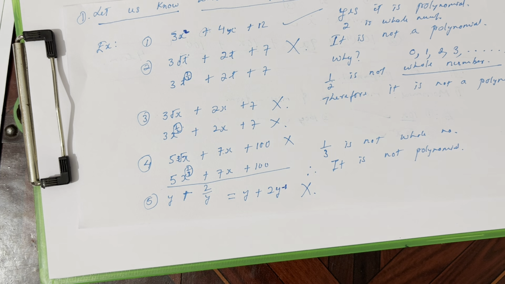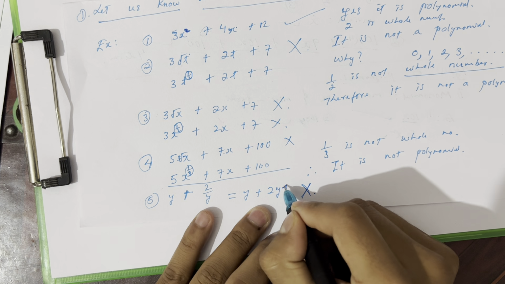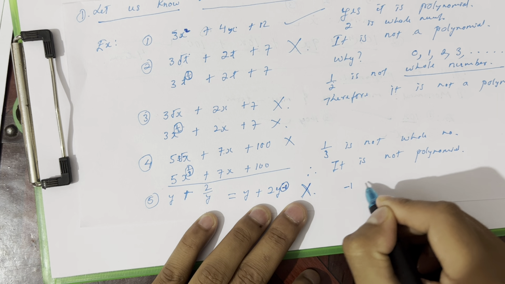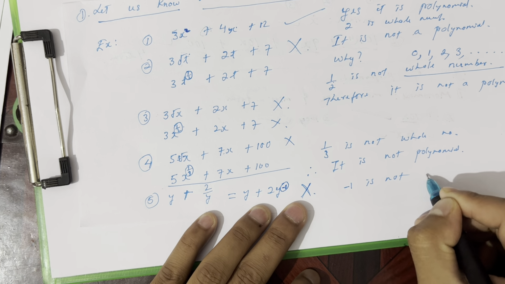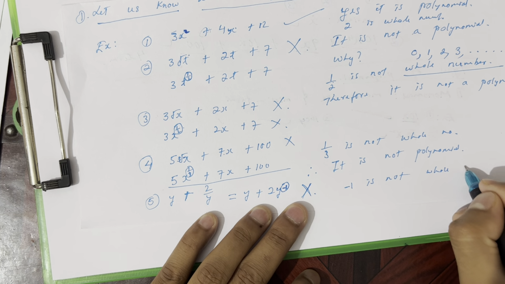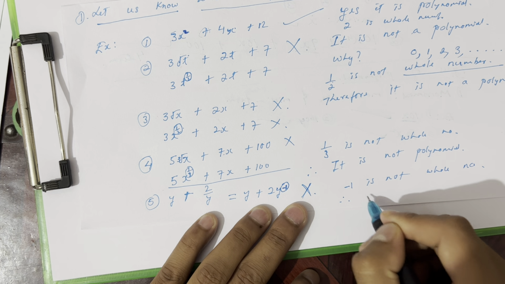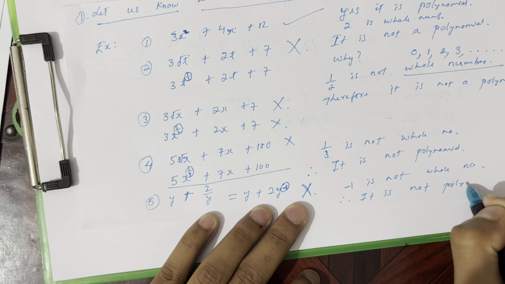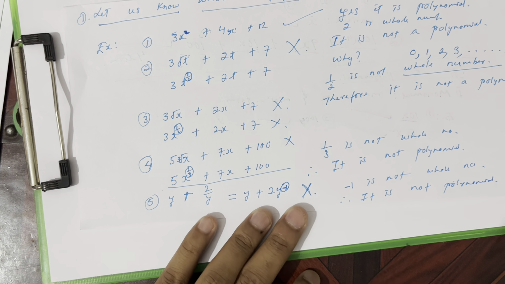This is also not a polynomial. Why? Because here you see the power, minus 1. So minus 1 is not a whole number. It's not a whole number, so therefore it is not a polynomial. Okay, clear?